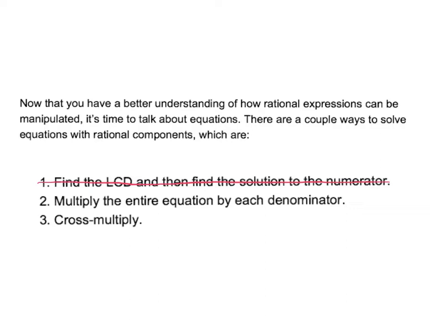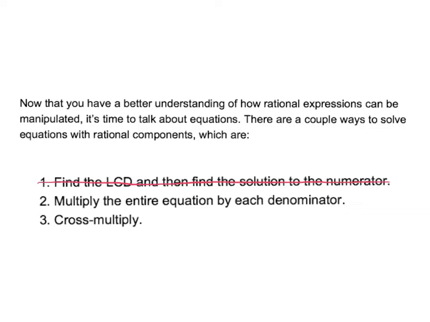The second method is just multiplying the entire equation, so both sides, by each denominator that you see in the equation. This is a little bit easier to deal with, especially because once you multiply everything through by each denominator, you will no longer have rational expressions. You will just be dealing with simple expressions, and we can use the methods we've used previously to solve those equations.